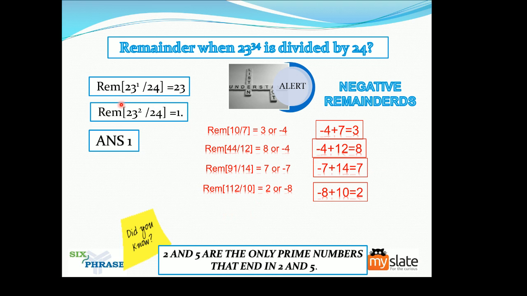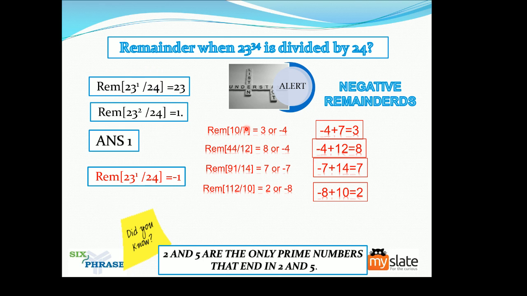Now guys, you know the remainder of 23 divided by 24 is equal to 23. But this 23 is what we call the positive remainder. What is the negative remainder for this? We just now found it here. How did I go to the negative remainder?